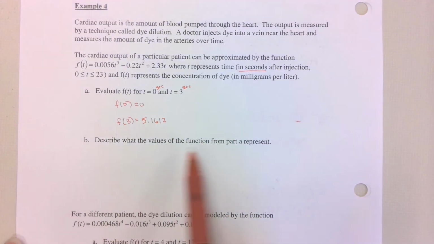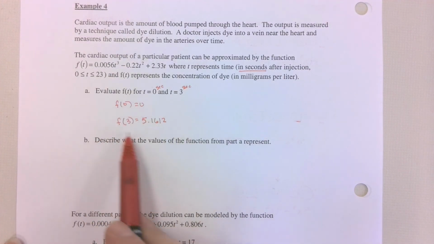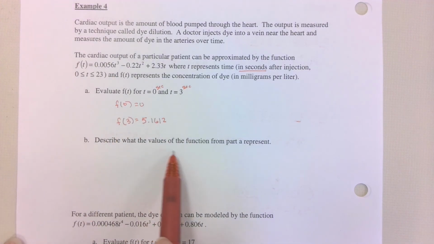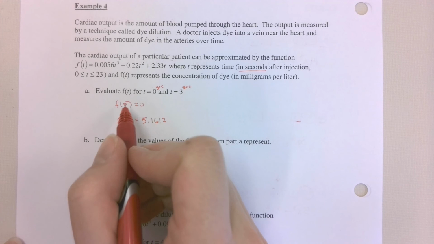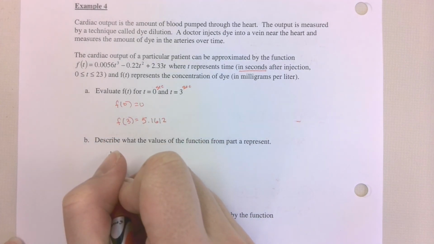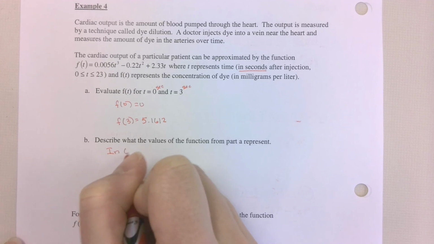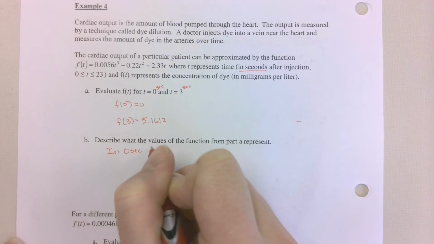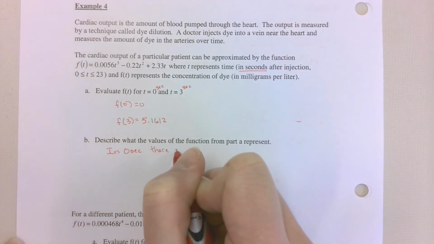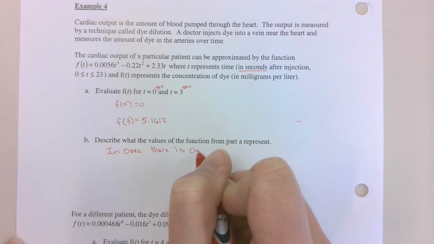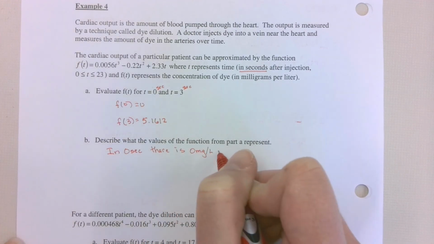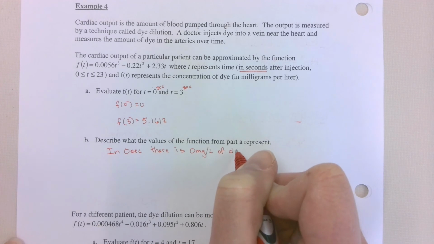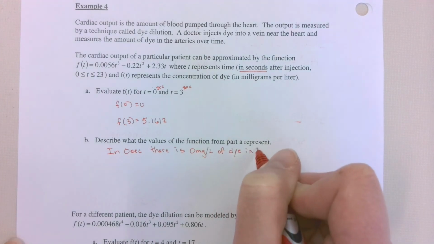Now we have a follow-up question. This is a word problem, so we need to know the meaning of this. What do the values represent from part A? Well, the first value stands for the idea that in 0 seconds, there is 0 milligrams per liter of dye in the arteries.